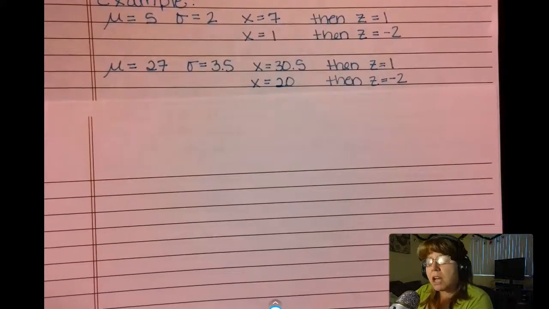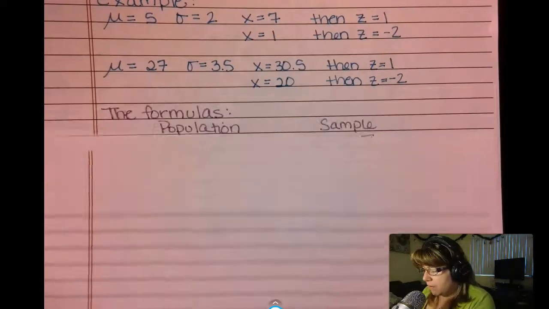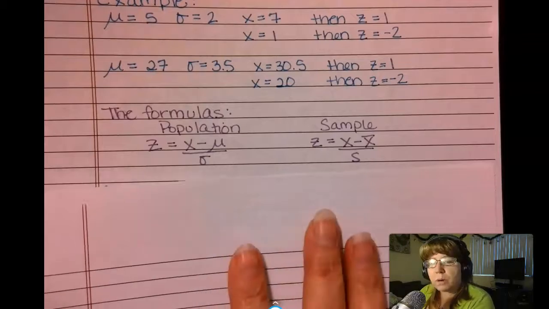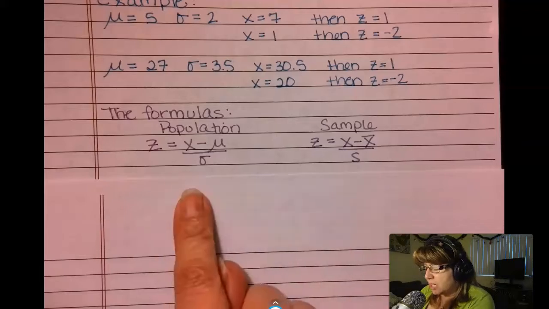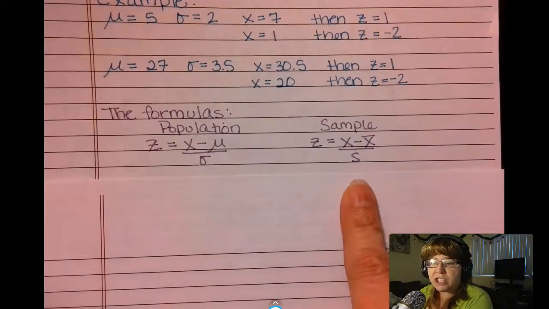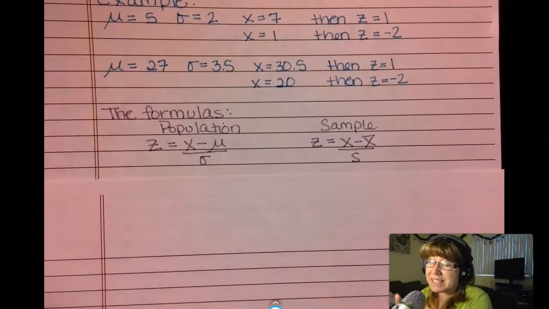Okay, so now let's talk about how to do the math. What is the formula involved with finding a z-score? Now, I don't want you to get scared off that there are two formulas. There's actually not two formulas. There's just one, but because we have population notation and sample notation, they look different. But listen to what I say and where I'm pointing.